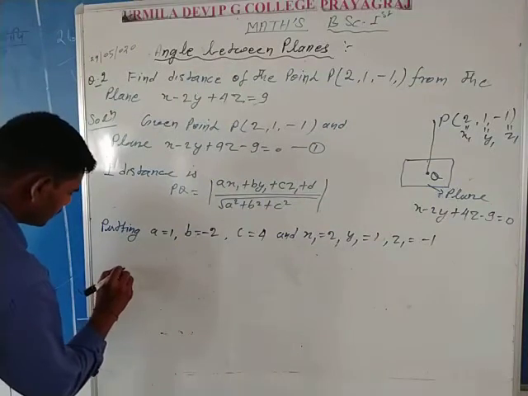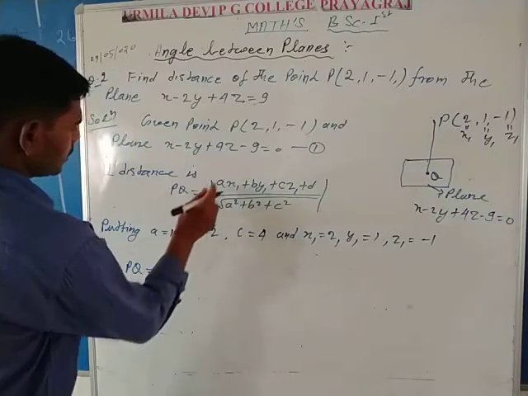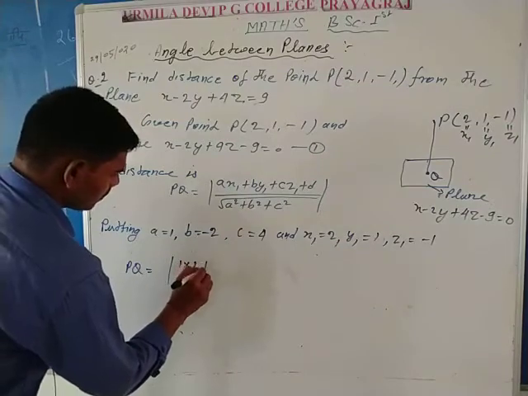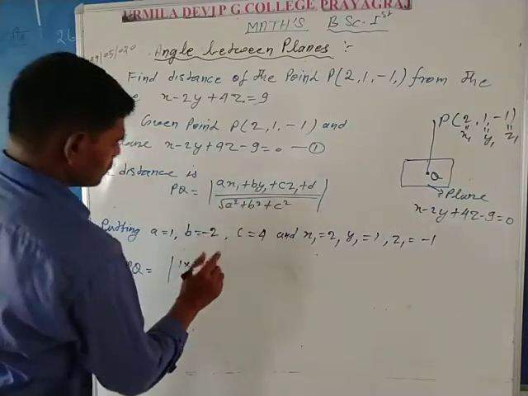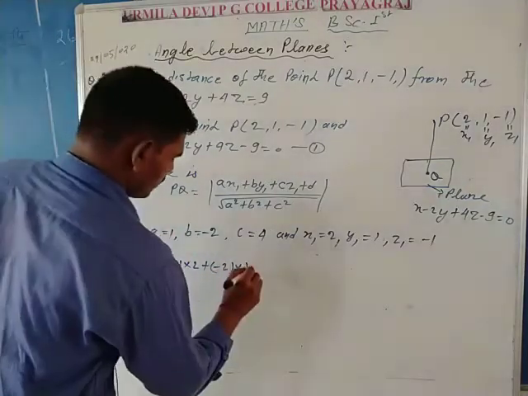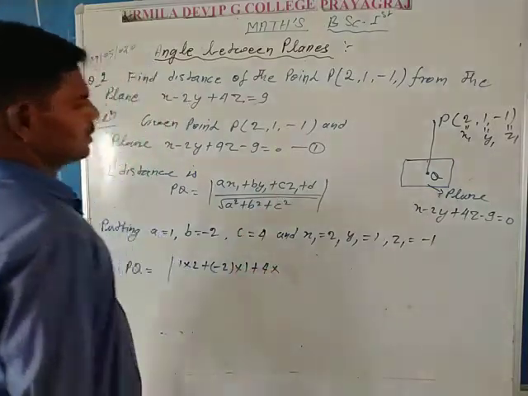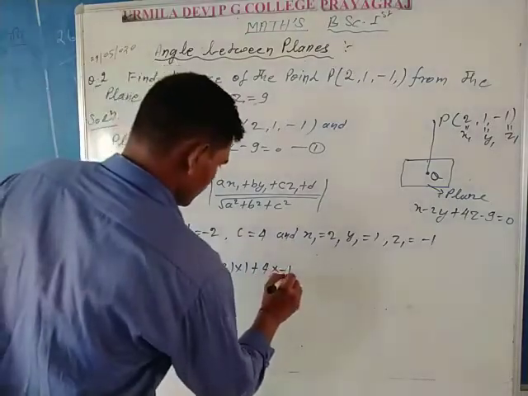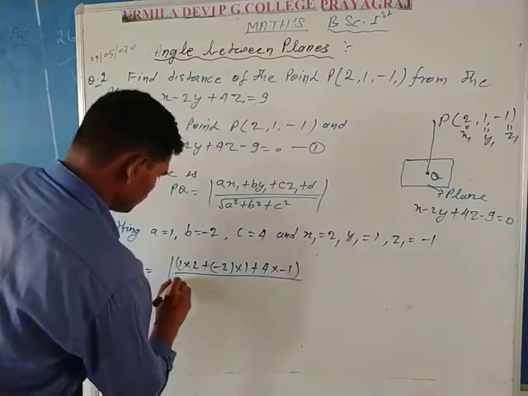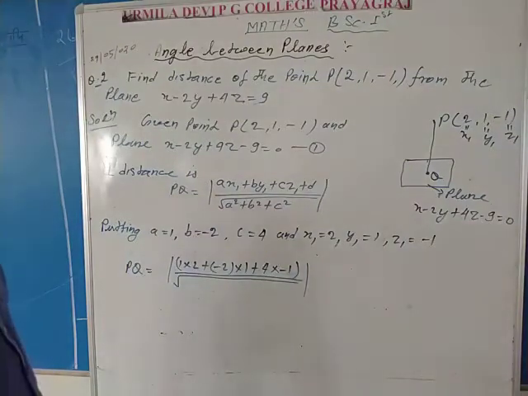Therefore the required length PQ is equal to mod of a is equal to 1 into x1 is equal to 2, plus b is equal to minus 2 into y1 is equal to 1, plus c is equal to 4 into z1 is equal to minus 1, taken in one bracket, divided by under root of a square plus b square plus c square according to the formula.